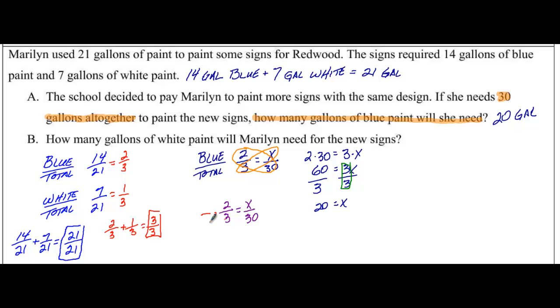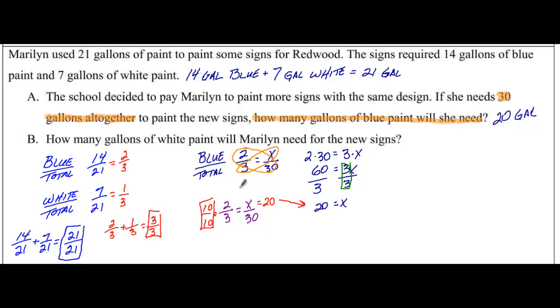Well, since 3 times 10 gives 30, then my big 1 would be 10 over 10, and 10 times 2 is 20, and that's the same 20 we had before. Remember, it doesn't matter how you do that part, whether you use the cross multiplication or you use the finding a big 1 to get the equivalent ratios. Either way, you have to get the same answer. If you do it 2 different ways and get 2 different answers, then there's a problem.